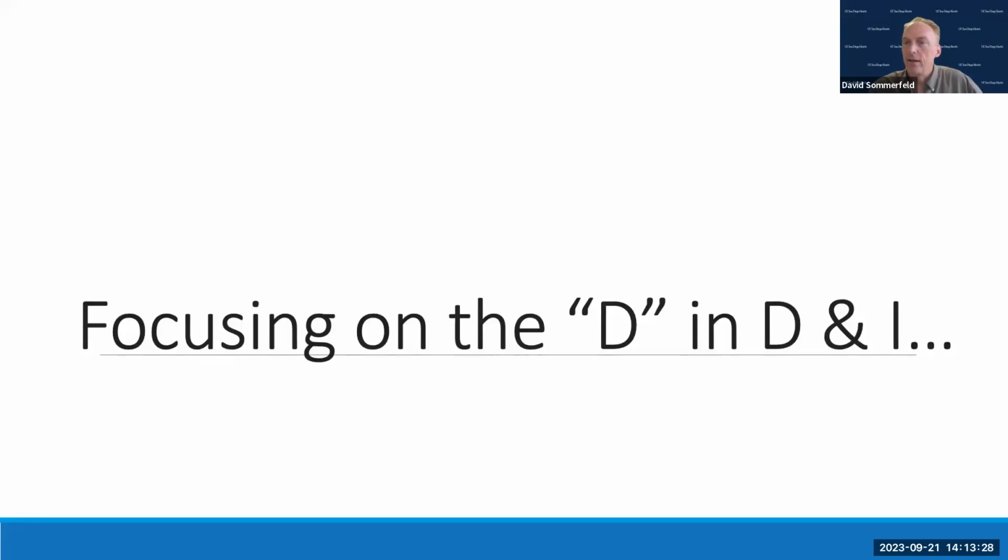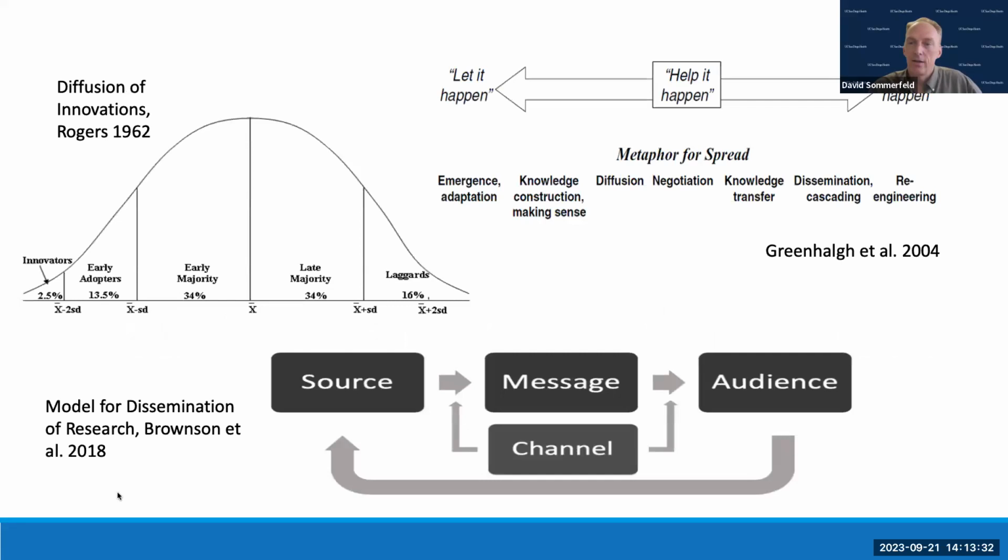So with that, you can go to the next slide for a very, very abridged history of diffusion and dissemination within implementation science. For those of you that have been in the field, a few of these models probably look fairly familiar. On the upper right, we have Everett Rogers, the diffusion of innovations. This is really looking at characteristics of the innovation as well as characteristics of the innovator, the people that may be more open or less open to new innovations.